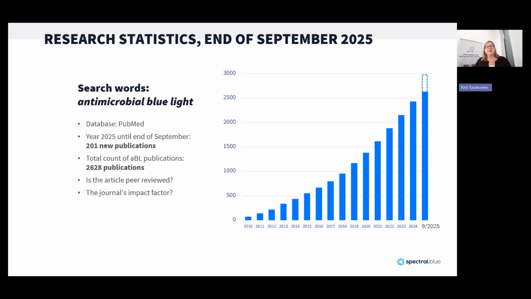And then one very important thing is whether the article is peer reviewed. The journal impact factor is not that important, but the article being peer reviewed is quite important. That means that the article has gone through a review board before it is allowed to be published.